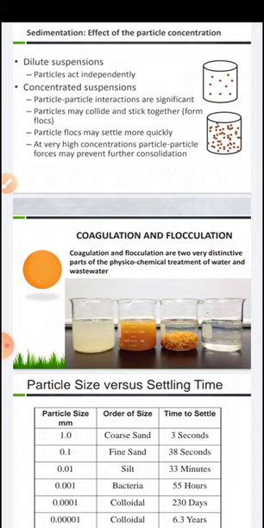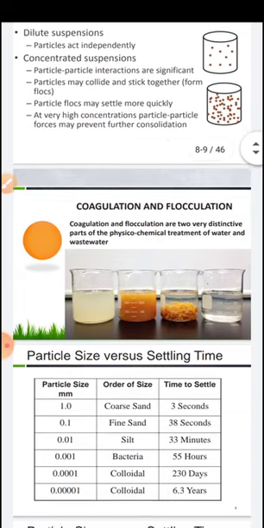And if we consider particles with a smaller size than the colloids, those particles mostly exist in the solution in dissolved form, as absorbed particles, so they are not removed unless we ionize them, separate them from the solution, and then collide them with other particles to increase their size and density so they settle down.